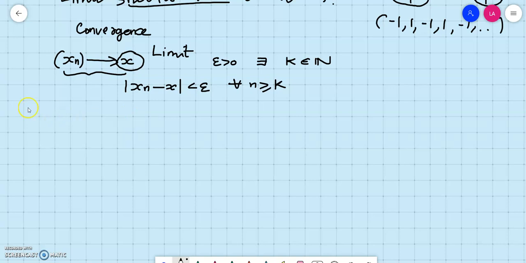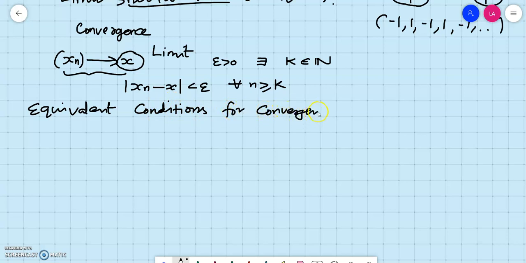So we are trying to find equivalent conditions for convergence, which is essential because we only have a definition for establishing the convergence of a sequence. We need more insight from that itself, so that's why we need more conditions.